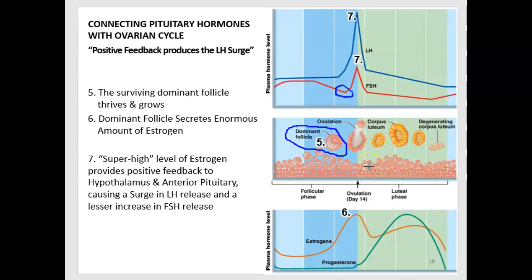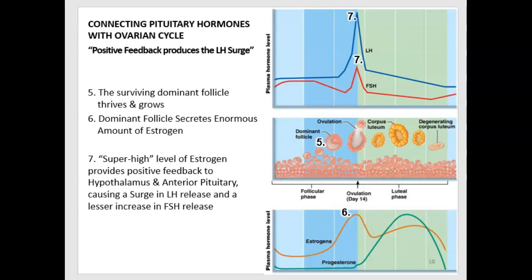And as it grows, it becomes really big, an antral follicle. And it secretes an enormous amount of estrogen, which we see here, this spike in estrogen. I mean, this is just one follicle producing that much estrogen, whereas before we had quite a few young follicles making lower levels of estrogen.